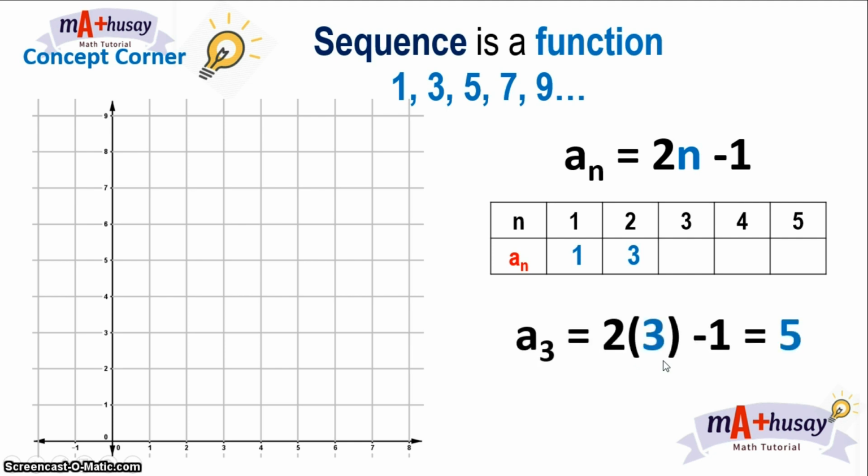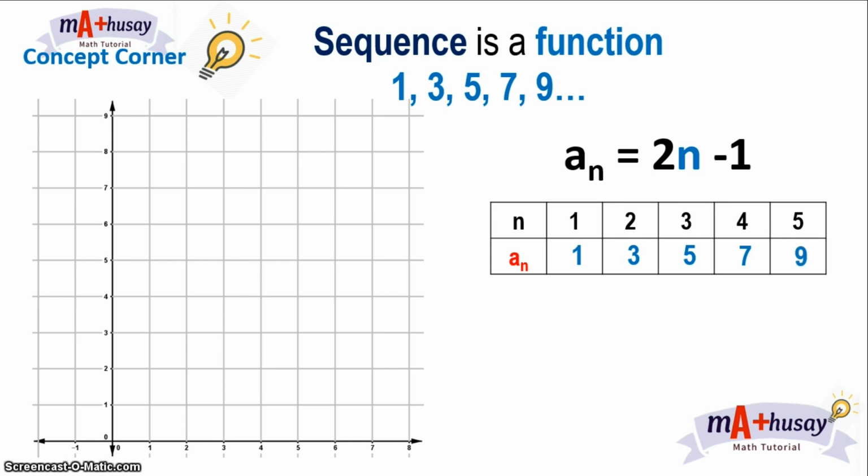When n is 3, 3 times 2, that's 6, minus 1, you'll get 5. When n is 4, you'll get 7, and when n is 5, you'll get 9. As you can see, no value of n repeated.